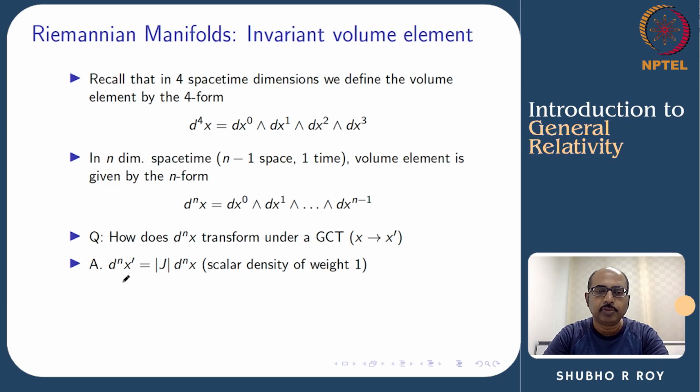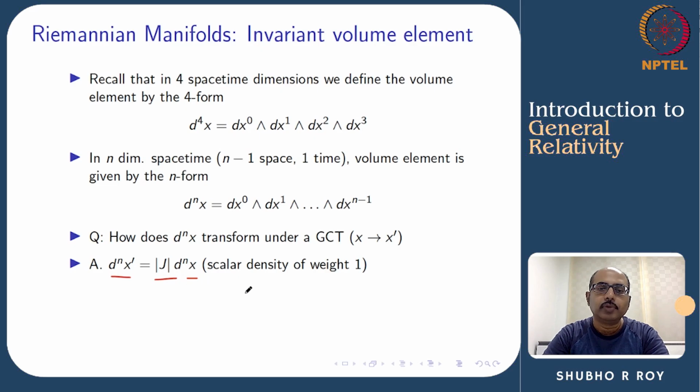It is just the same Jacobian rule which we use in multivariable calculus. The volume element in prime coordinates is equal to the Jacobian determinant times the volume element in the unprimed coordinates. So again, the volume element is also not a tensor because it contains factors of the determinant of the Jacobian instead of just the Jacobian components.